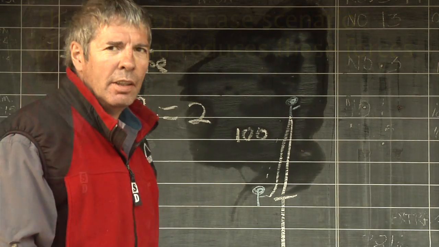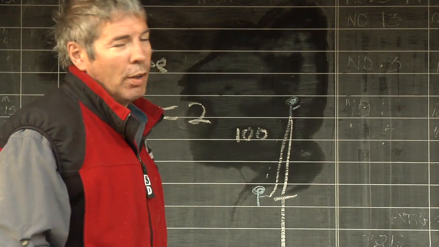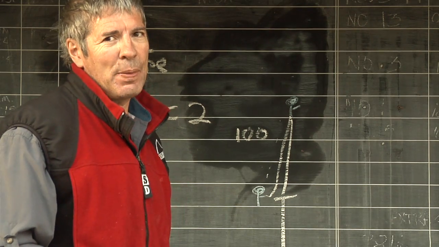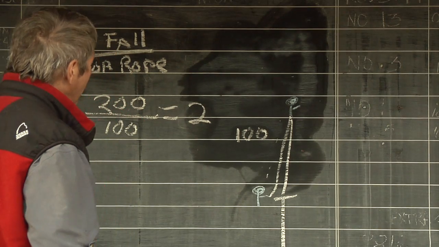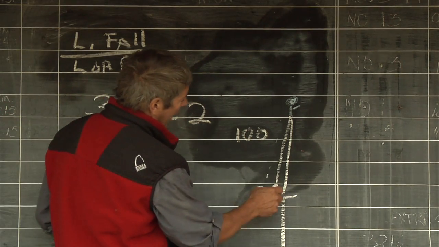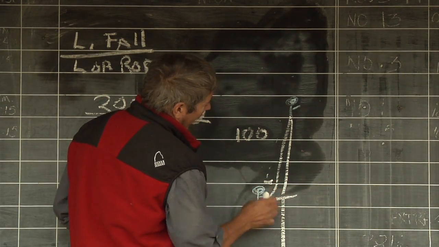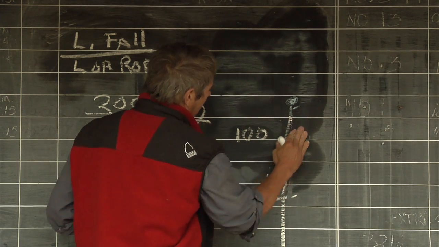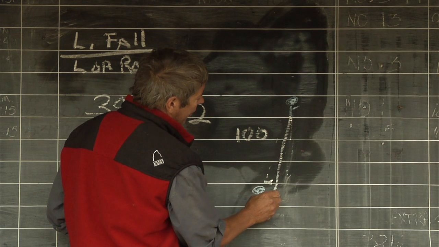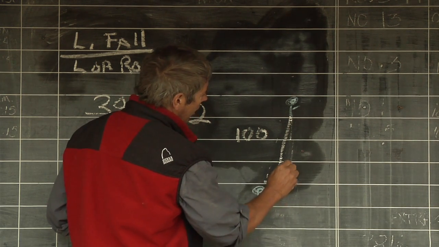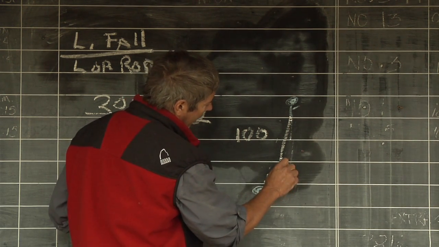Fortunately, it's very hard to produce a fall factor 2 unless you come right off the belay, and that's the potential here. It can quite often happen when a climber first leaves the belay and just climbs up and doesn't put any gear in, then falls.